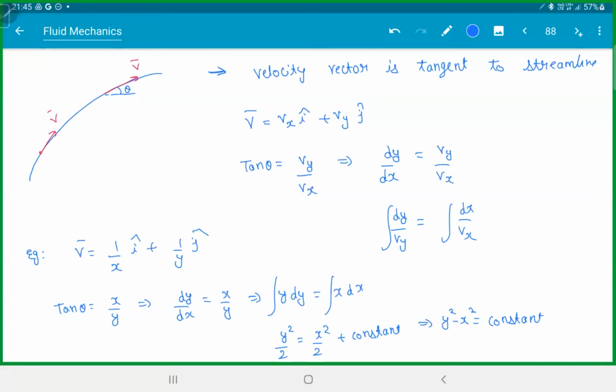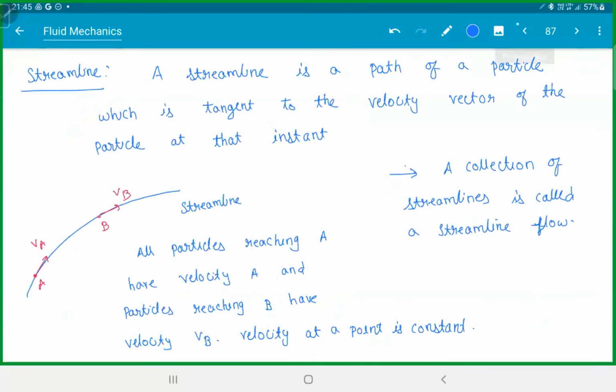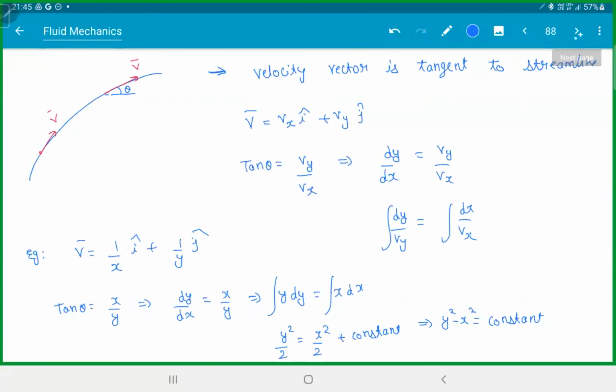So the streamline equations will look like this. A has velocity VA, B has velocity VB. Right, Arishi? That's what you're asking. So this equation will be y square minus x square is equal to constant.